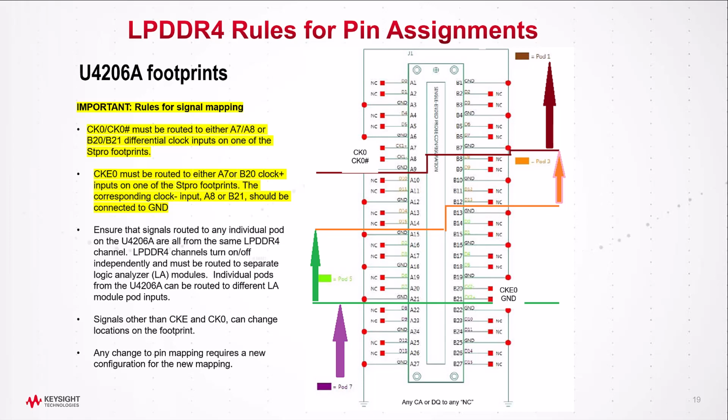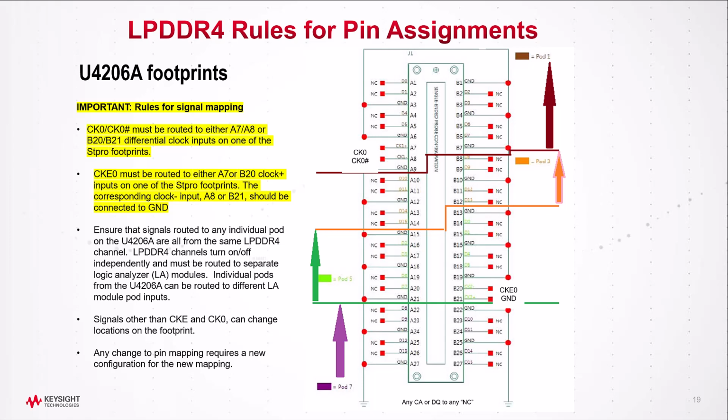If you want to try to have signals from another channel on the other pods, you need to have another footprint where you can bring the clock and clock enable in for the other channel. So you might as well keep the channels on separate footprints. CA and DQ on LPDDR4 can also go to any of the no connects in the diagram.